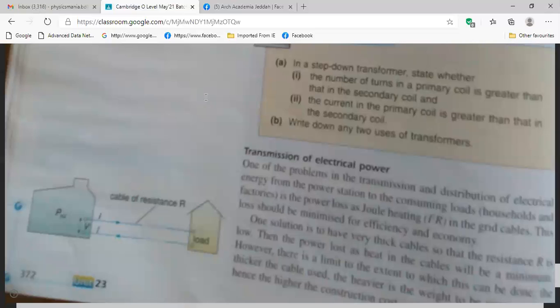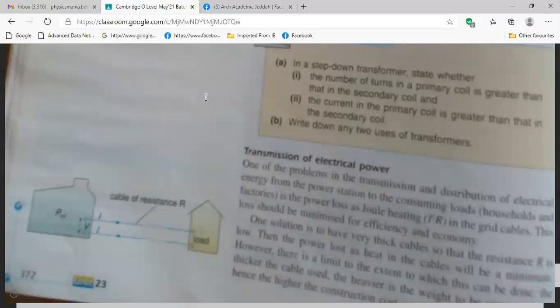Okay, very good. Why can't we use the cable which can endure such high current or voltage? Current. Okay, very good.